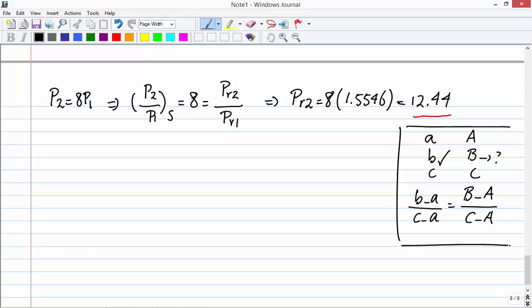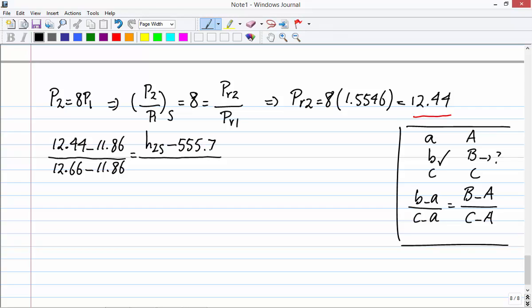So I have minus 11.86 divided by 12.66 minus 11.86 equals, now the enthalpies, H2S if the process was isentropic minus that enthalpy, over 65.4 minus that. Done.